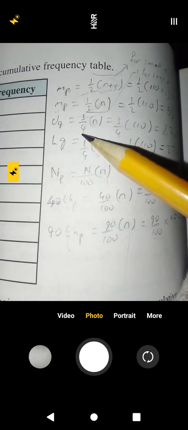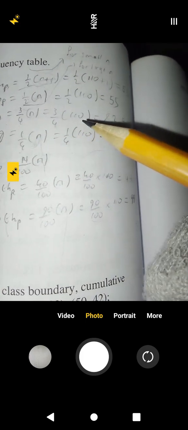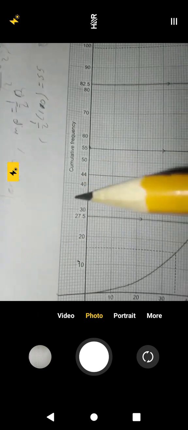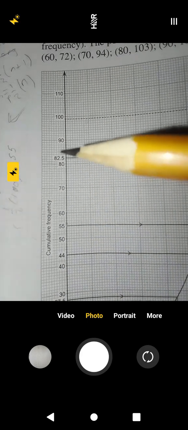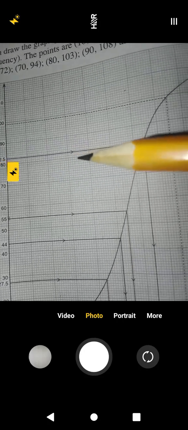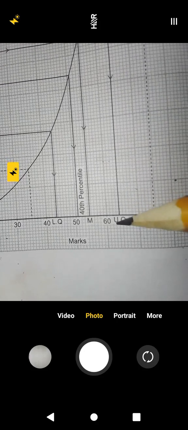So then the upper quartile is 3/4 of the total frequency, and this evaluates to 82.5. So we go to our diagram. 82.5 lies right in this upper quartile label.